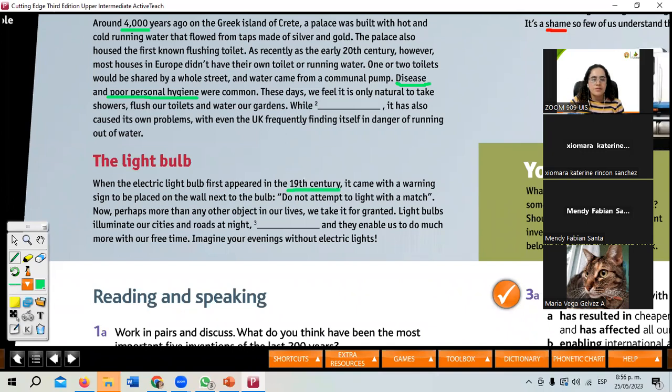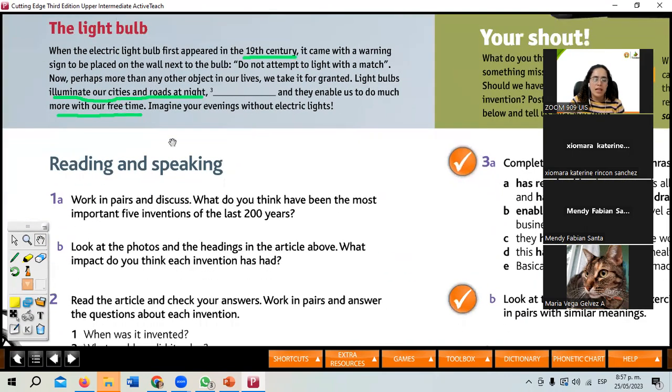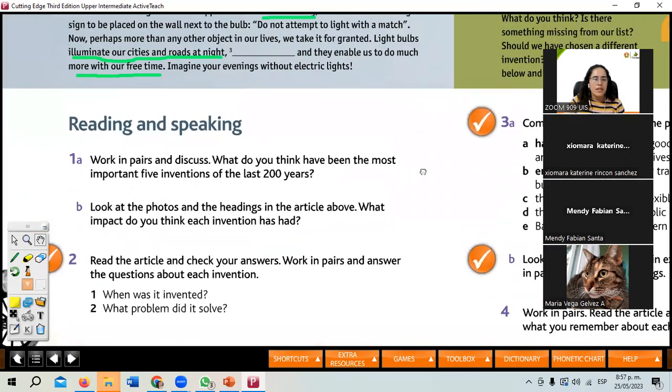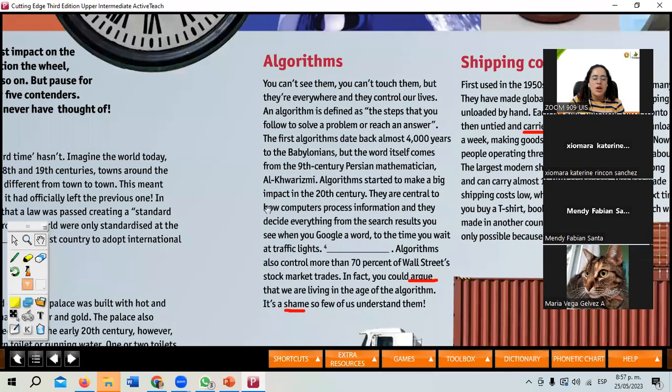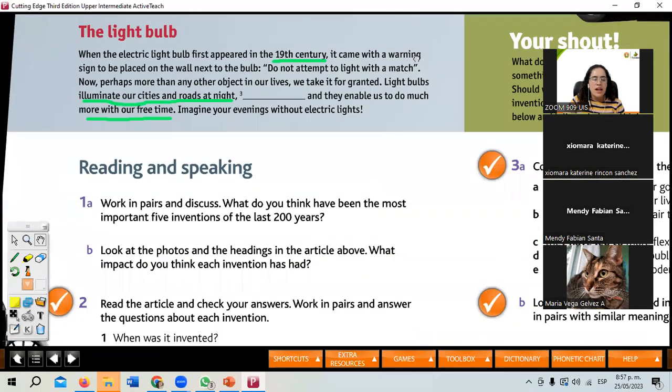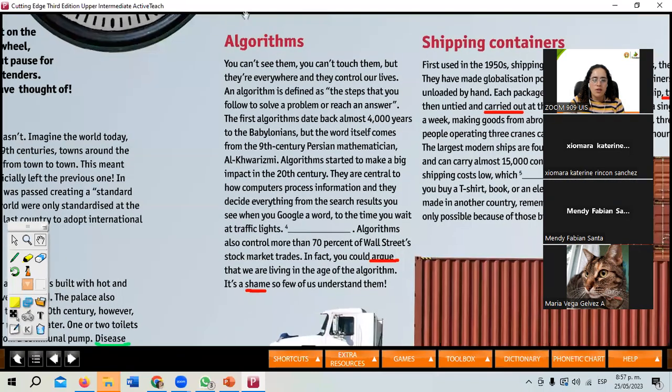The problem solved was to illuminate the cities and roads. Yes. And also we can do a lot more things with our free time, thanks to the electricity and to the light bulb particularly. All right, good. Let's continue, maybe Beatriz, for algorithms. When were they invented and which problems did they solve?